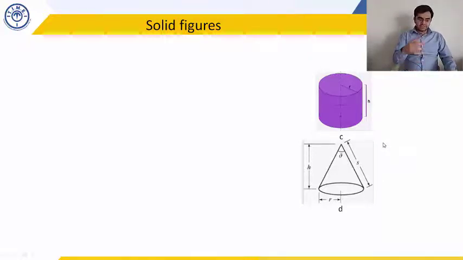I'd like you to write this in your copy. If a cylinder and a cone have the same radius, then the volume of the cone will be a fraction of the volume of the cylinder.